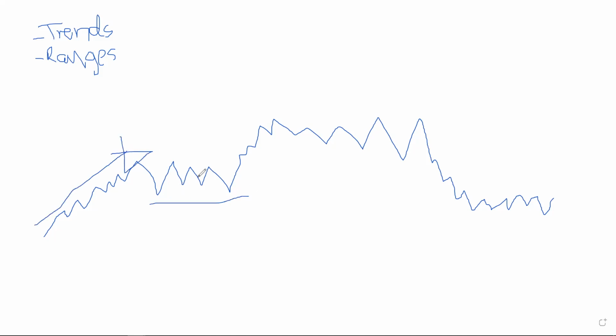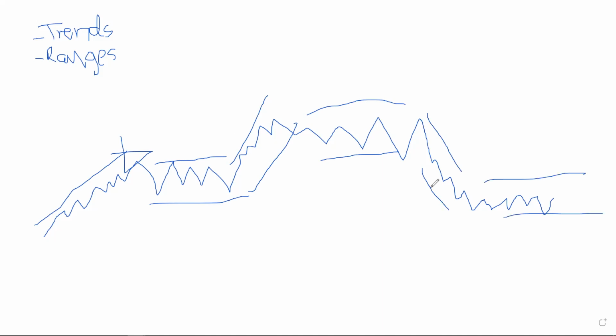Then here, the market is ranging. Then here, it's on an uptrend. Then here, the market is ranging. Then here, it's on a downtrend. And then here, the market is ranging.